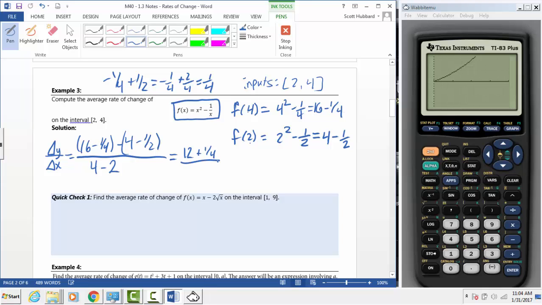So I get 12 plus 1/4, all over 2. To do this, just get a common denominator. 12 is 48 over 4, so I get 49 over 4, over 2. You can jump to the calculator now if you like.